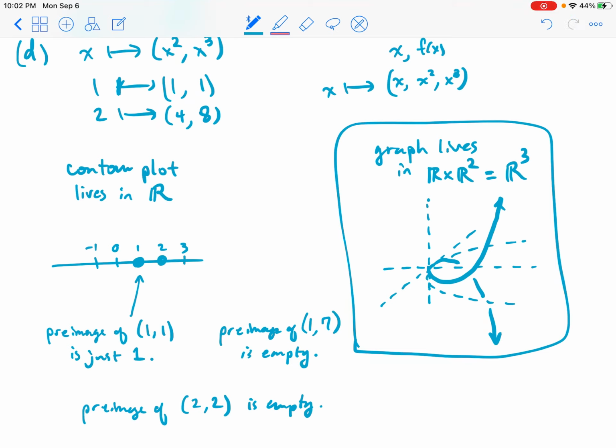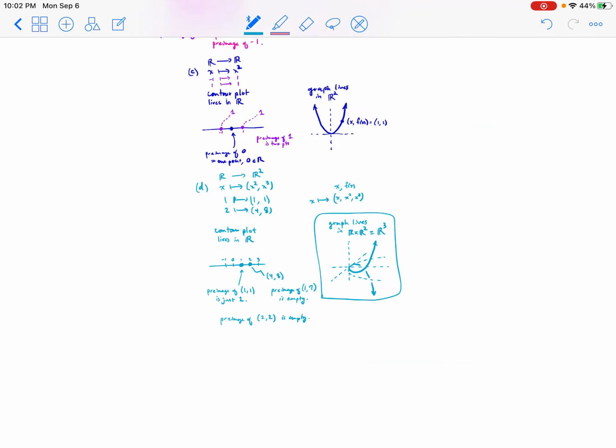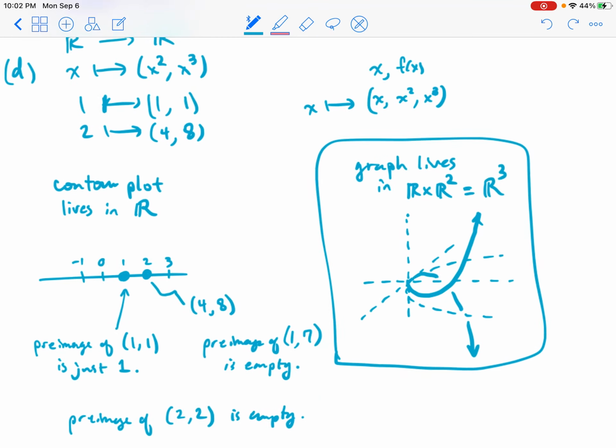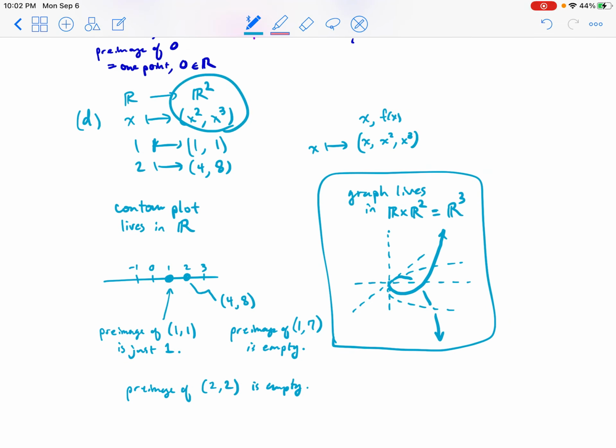The preimage of 4, 8, well, that would be the point 2. So hovering above it is the output value, 4, 8. Usually I think of hovering above it as a number, but in this case the outputs are pairs of numbers, and so I think of 4, 8 hovering above the point 2.